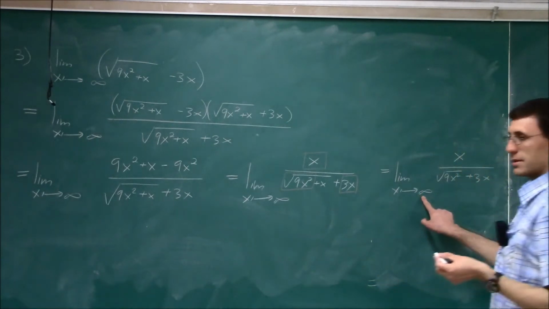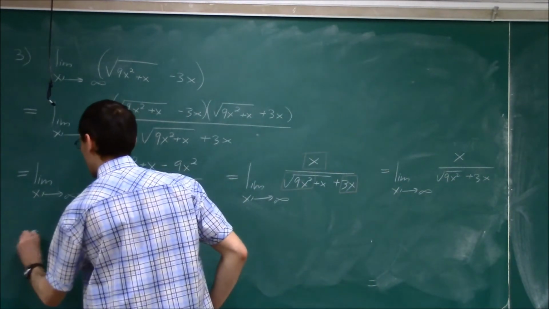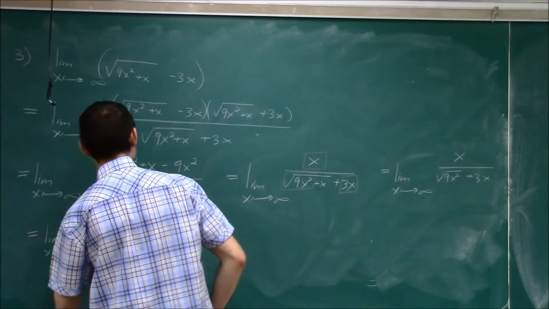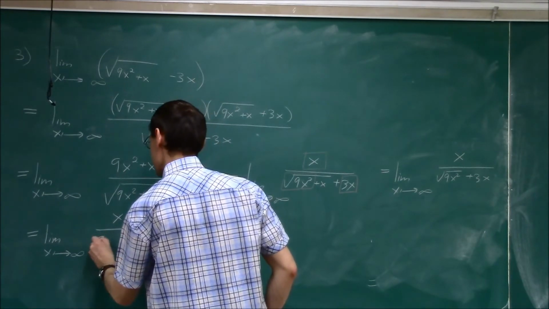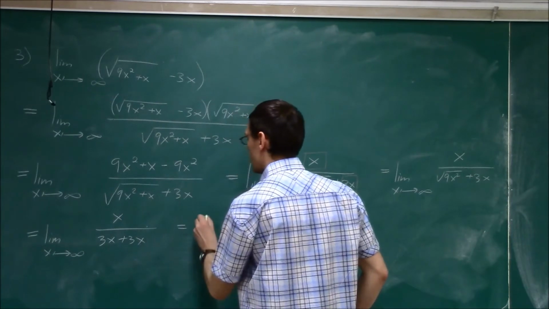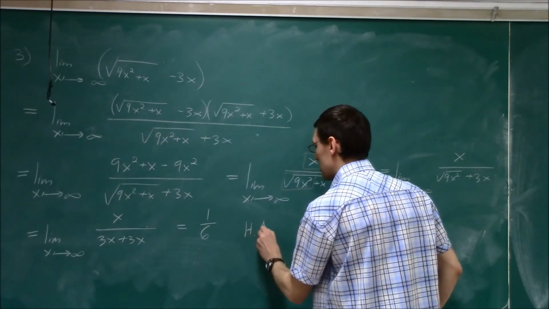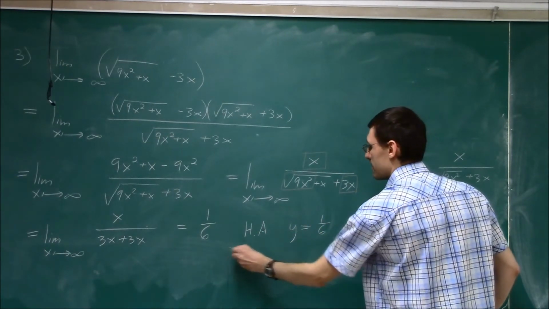Here x approaches infinity, so that's fine. It's positive. And the result is simply 1 over 6. Again, we have a horizontal asymptote, y equals 1 over 6.